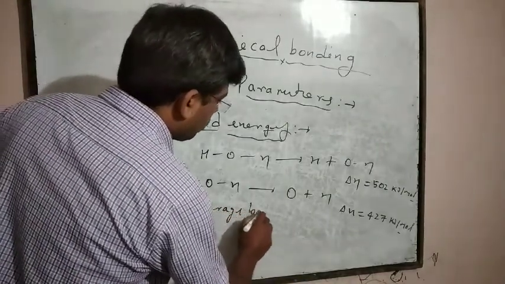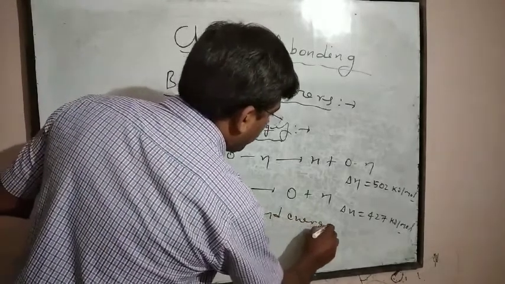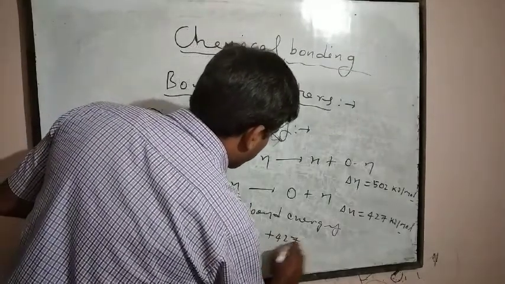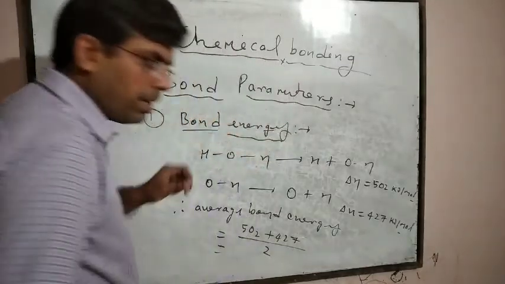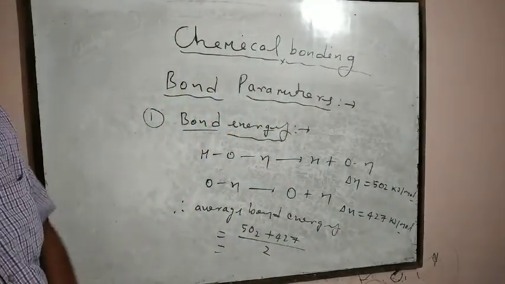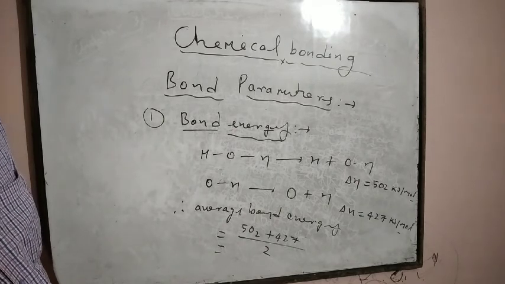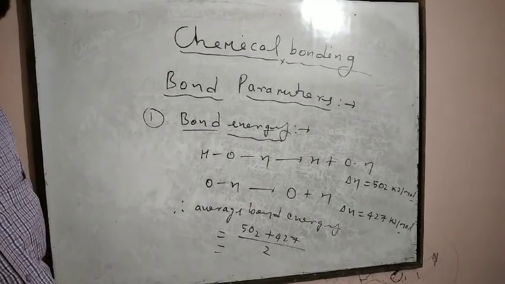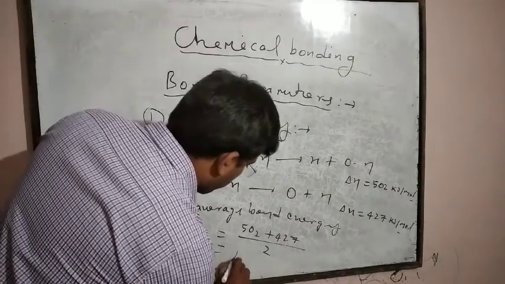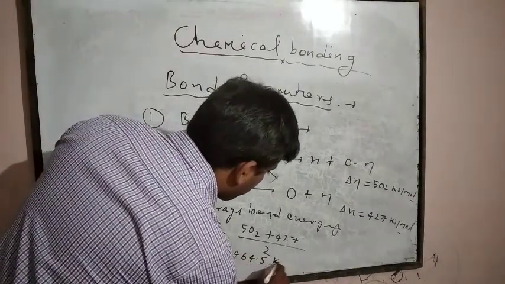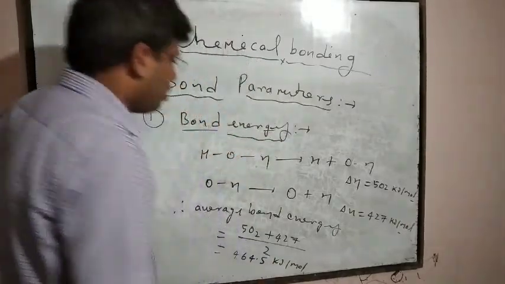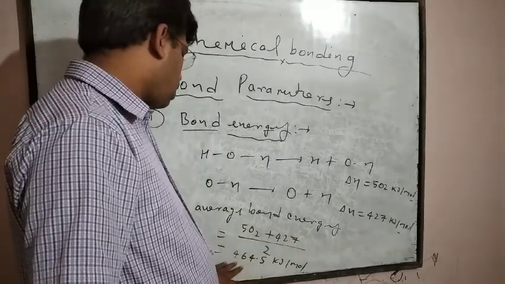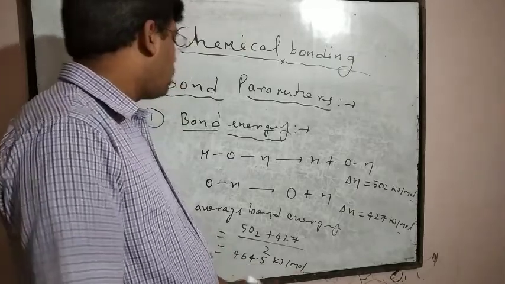average bond energy is equal to (502 plus 427) by 2, which is equal to 464.5 kilojoule per mole.